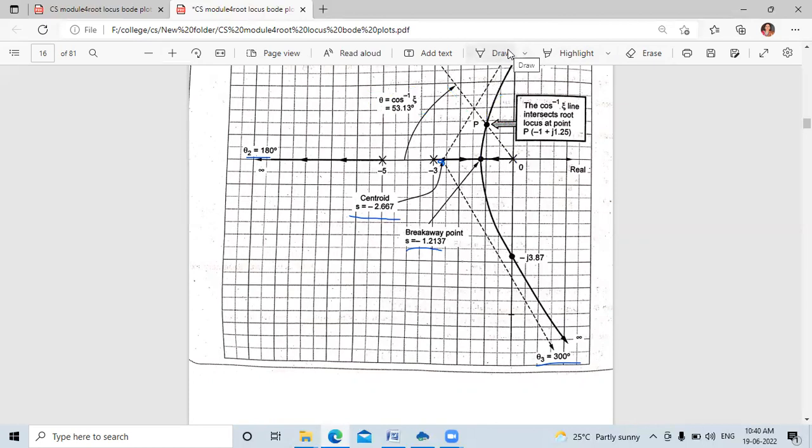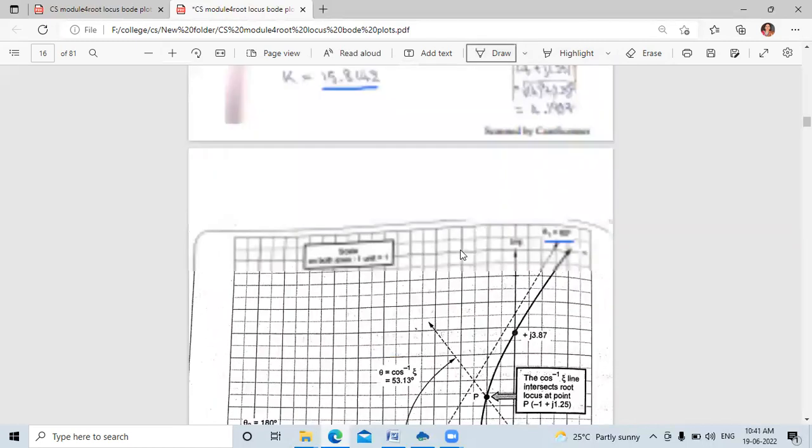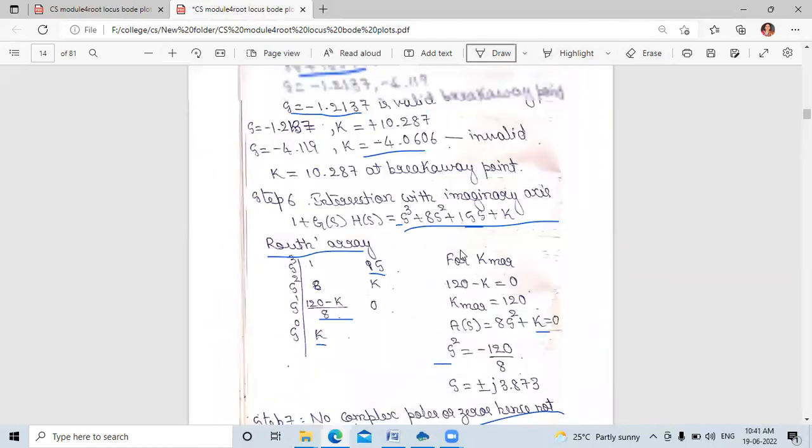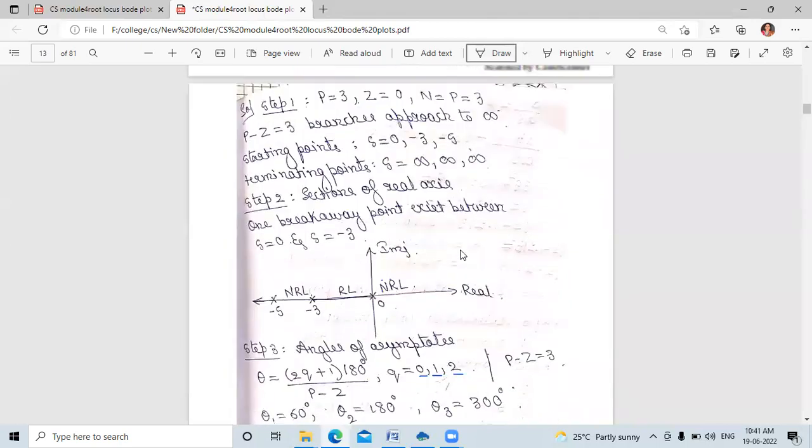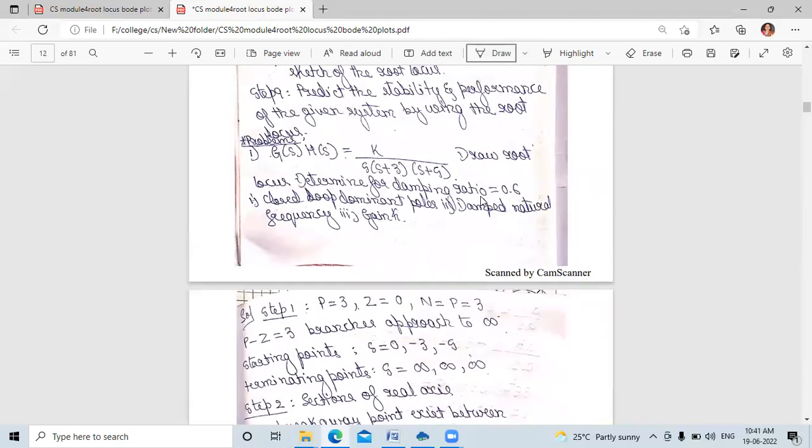You can observe here. They have given the zeta value in the question, 0.6, right? Let us see once again the question. They have given the damping ratio 0.6.